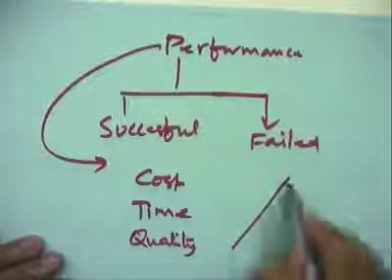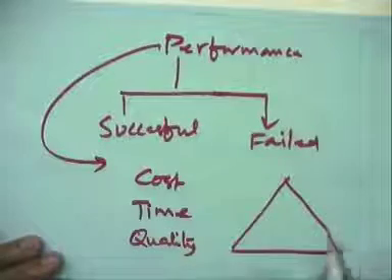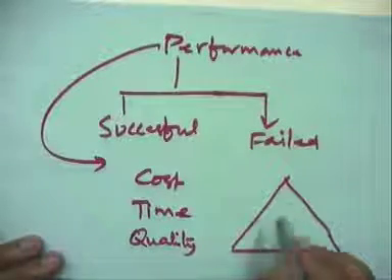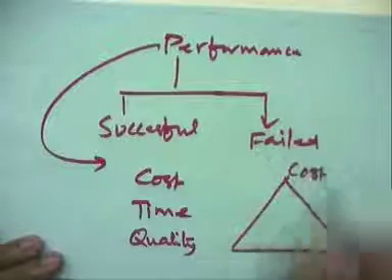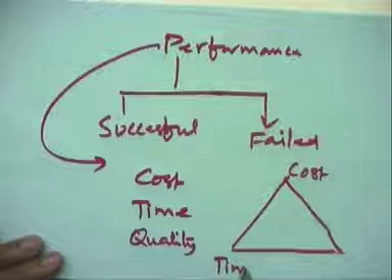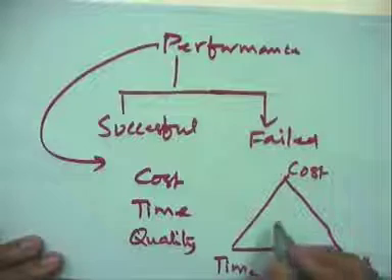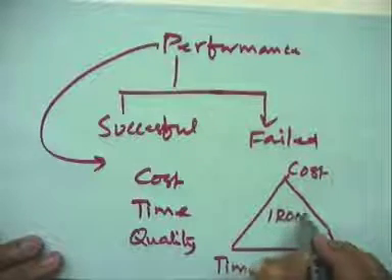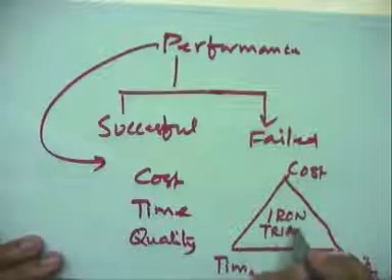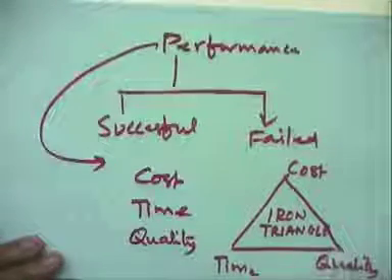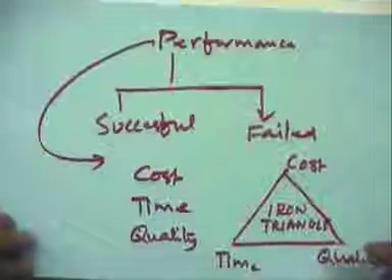Now these are also known as the quality triangle, right? I mean the iron triangle, this you call it. So here you have cost, here you have time, and here you have quality. This triangle is known as the iron triangle.